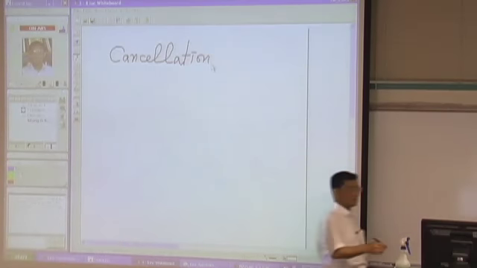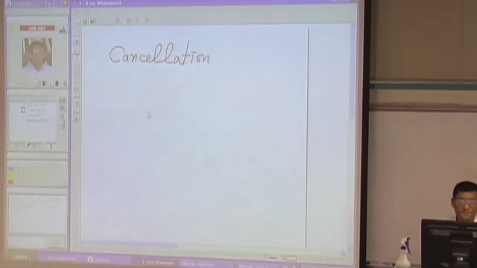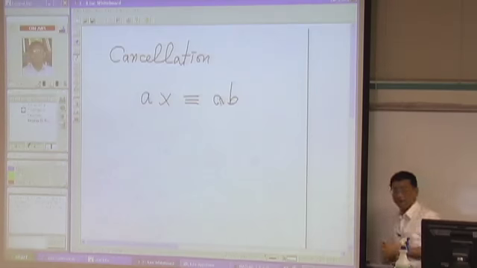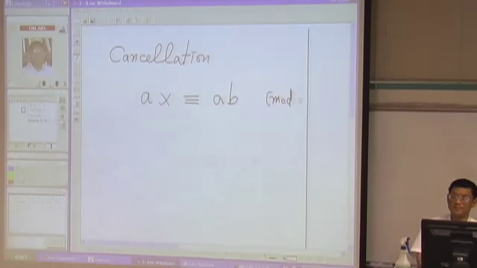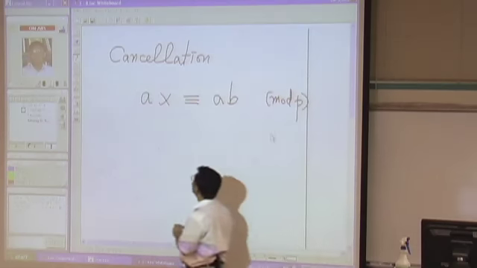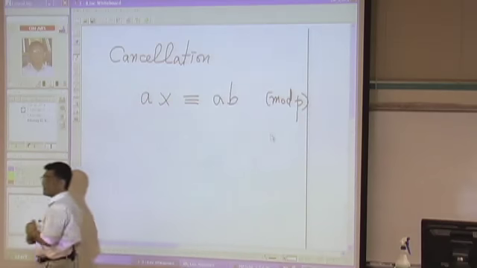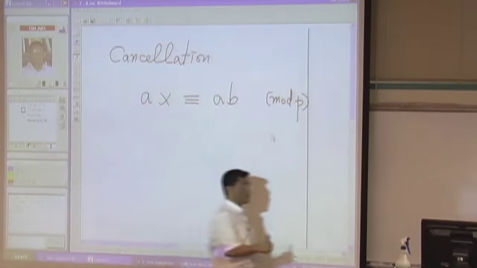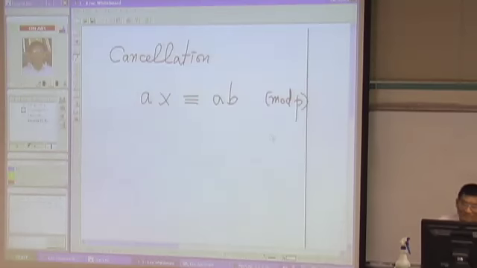You should know the cancellation law. Assume that we have AX equals AB, mod anything, mod P. Then I want to cancel out A. But what you should avoid is this kind of calculation.